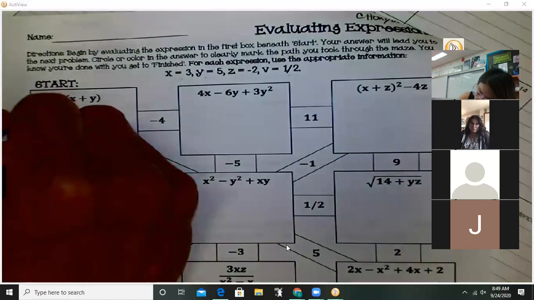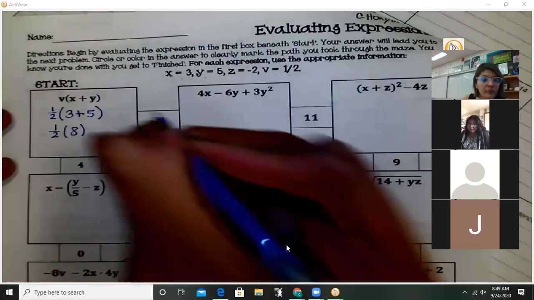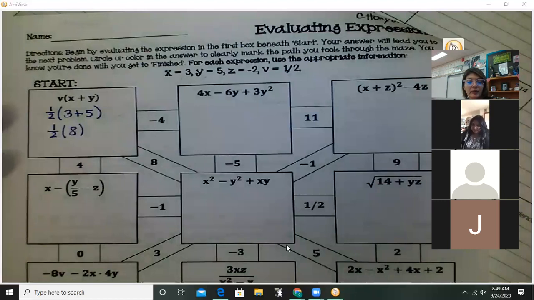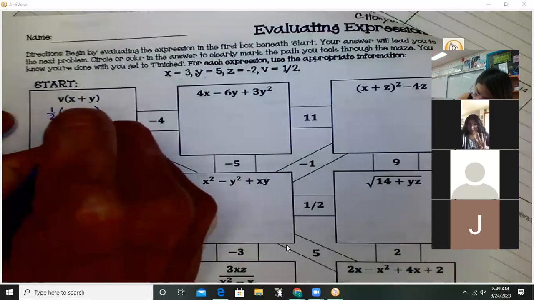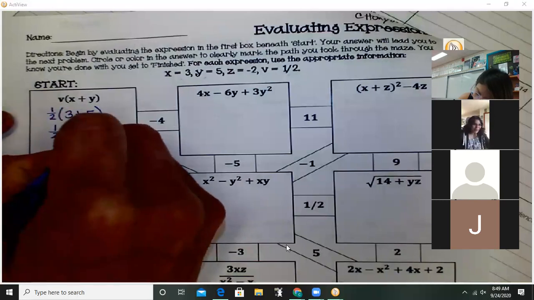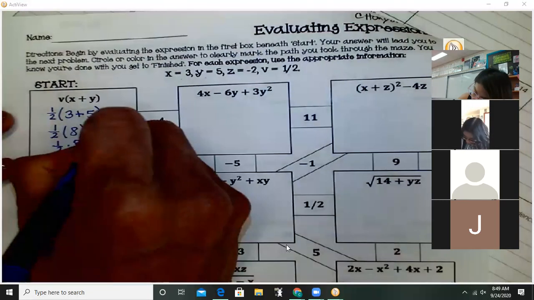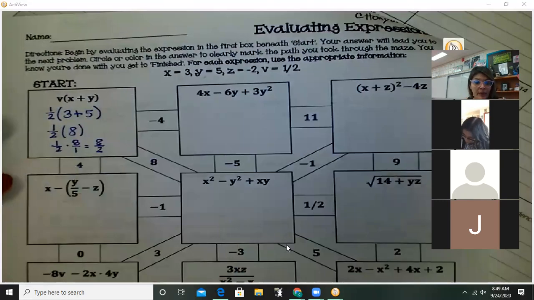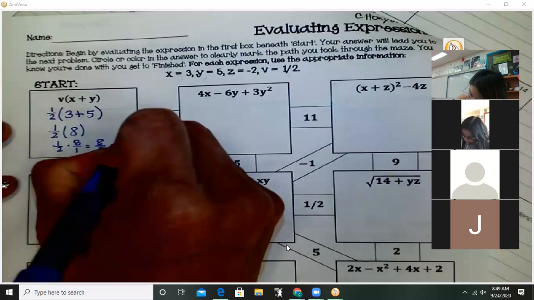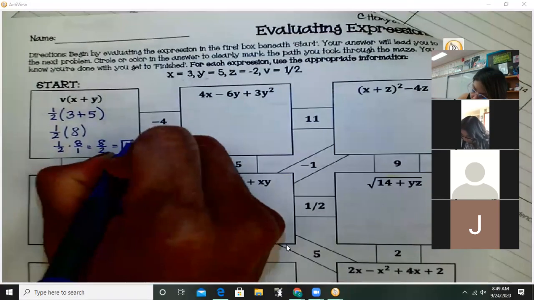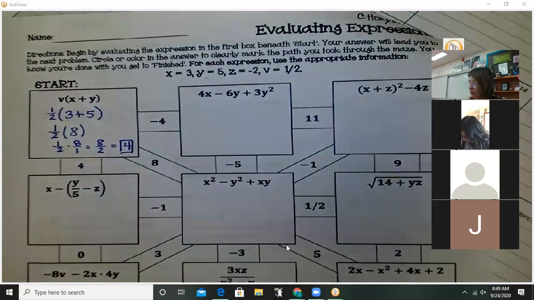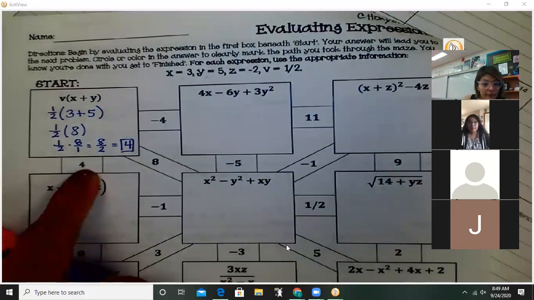So I'll have 1/2 times 8. What's half of 8? Half of 8. So 8 over 2, or 8 divided by 2, is going to be 4. So this is my answer. My answer will take me to positive 4.